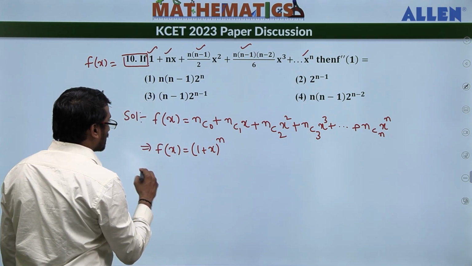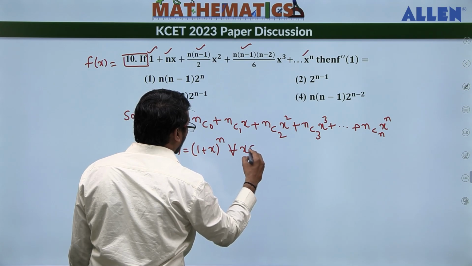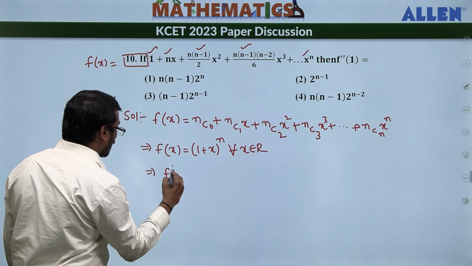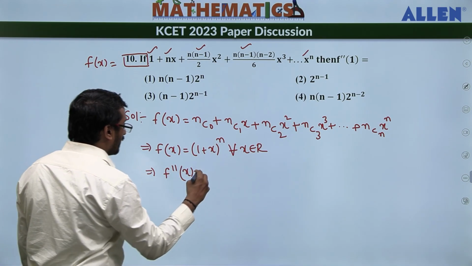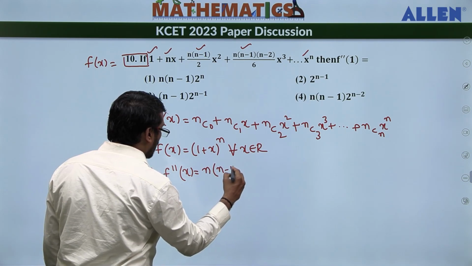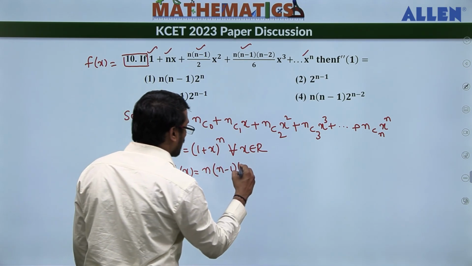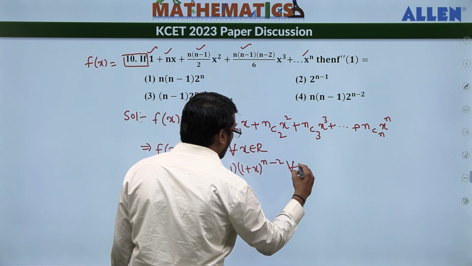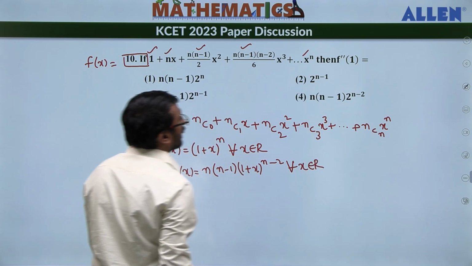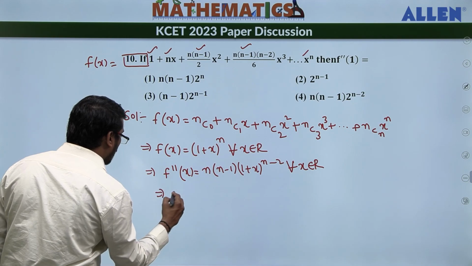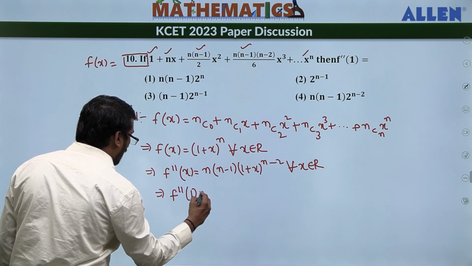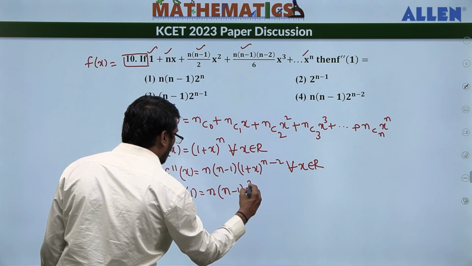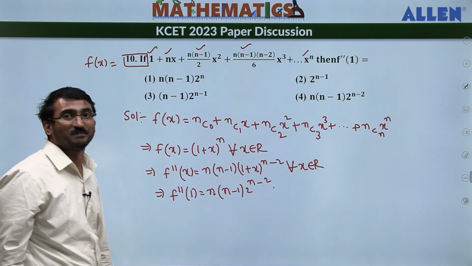Now, differentiate both the sides. Differentiate both the sides twice. n into n minus 1 into (1 plus x) whole power n minus 2. f double dash of 1 is n into n minus 1 into 2 power n minus 2.